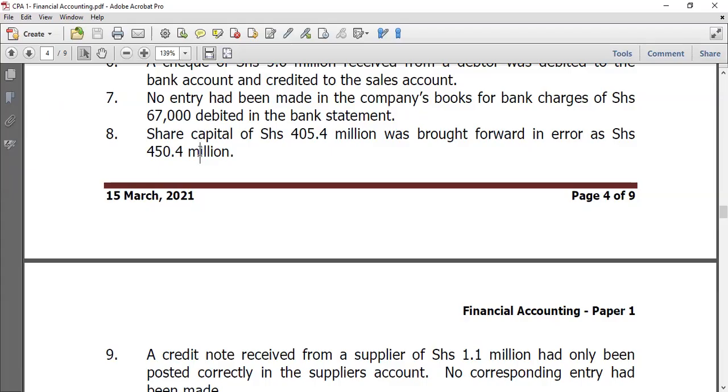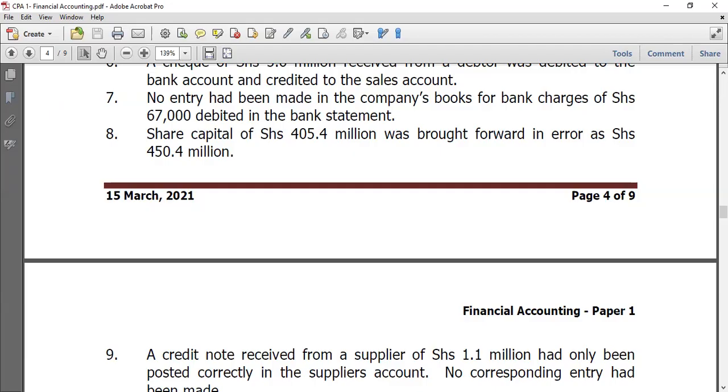If at all we overcast it, our trial balance will have a higher credit value than it should actually have. So to correct it, we have to debit our share capital by the difference, and the reason we debit our share capital by the difference is to net off the effect of the higher value. So that is one of the things that we are going to do.